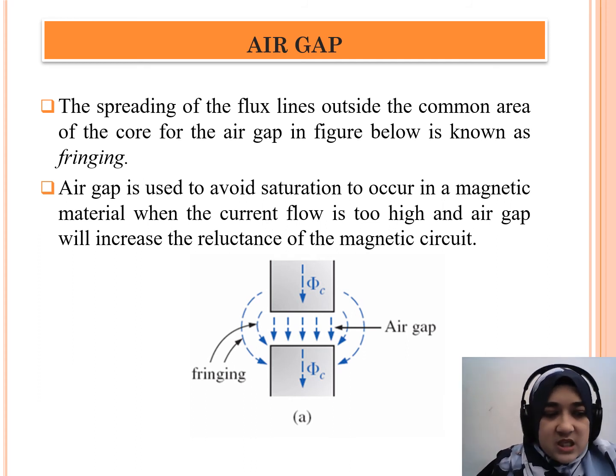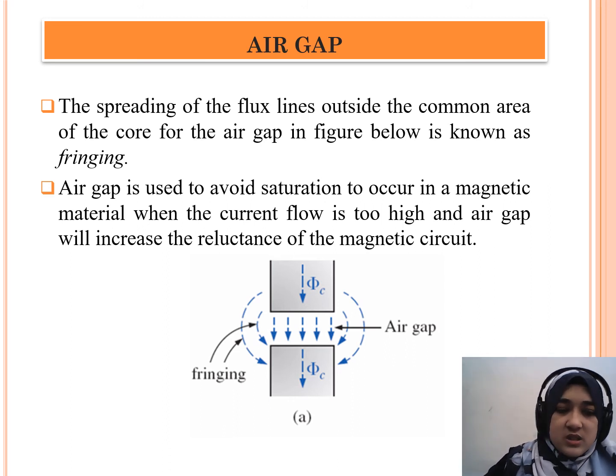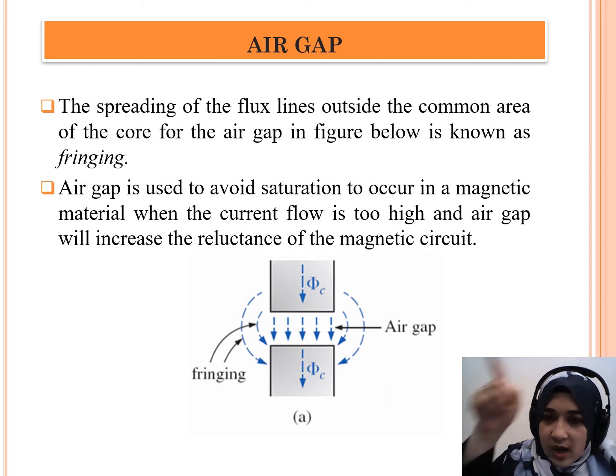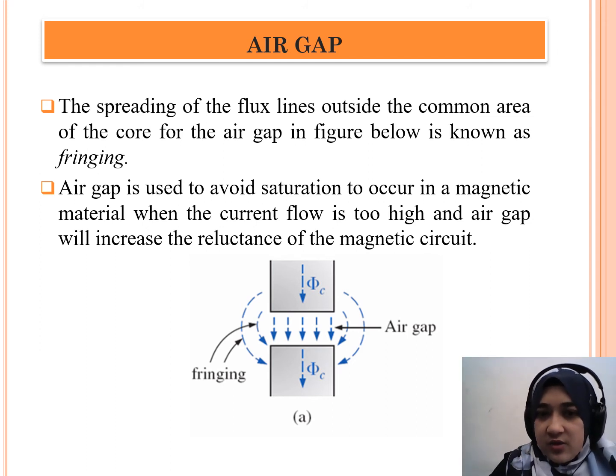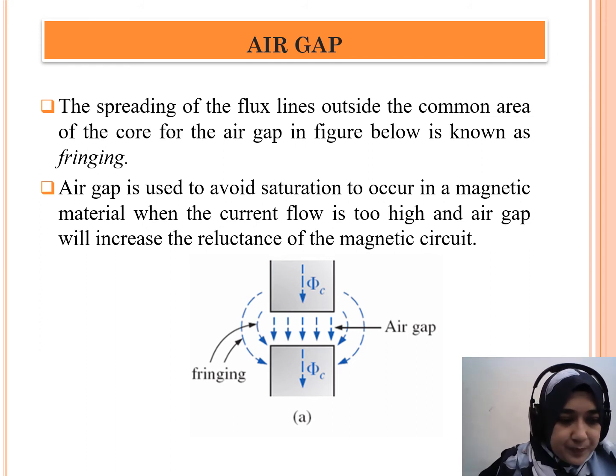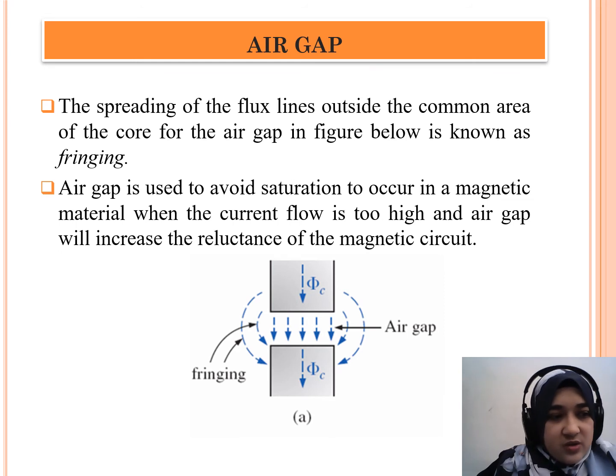We call it fringing. So going downward, crossing is normal, and not normal is fringing, on the right and the left side. If we don't want to make it less accurate, we have to reduce the fluxes.